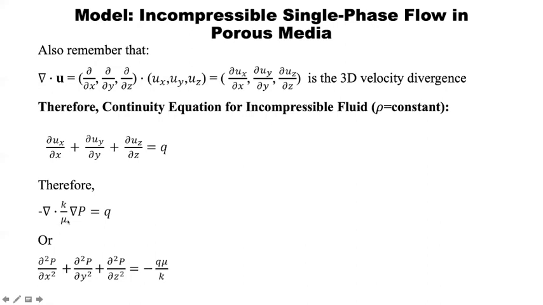K, the permeability, is constant, just a number, and mu also, for this simple case, is constant because it is an incompressible liquid. So we'll take this one to the right hand side, with a negative sign.